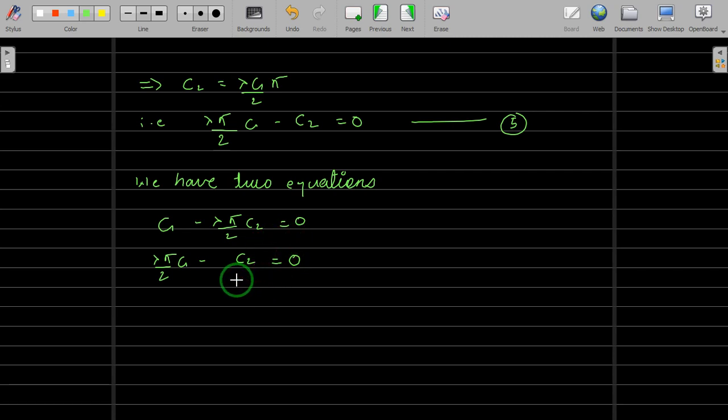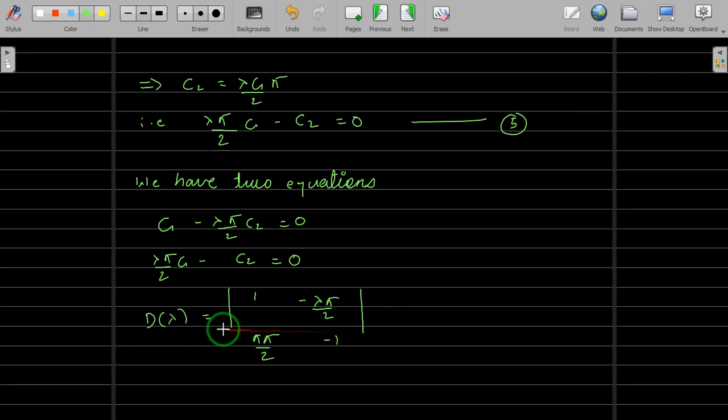Now in this case, D of lambda, the determinant of the coefficient matrix, is 1 minus lambda pi by 2, lambda pi by 2 minus 1.